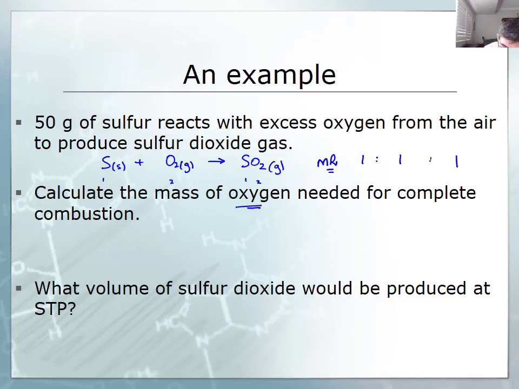What I know I have is 50 grams of sulfur. Therefore, the number of moles is equal to the mass over the molar mass. So this is going to be 50 grams over 32.07. I'll grab a calculator to do that sum.